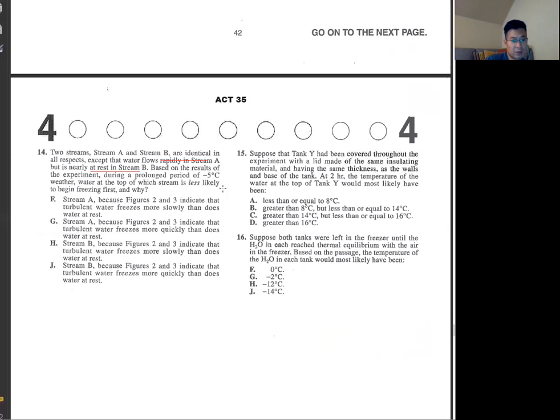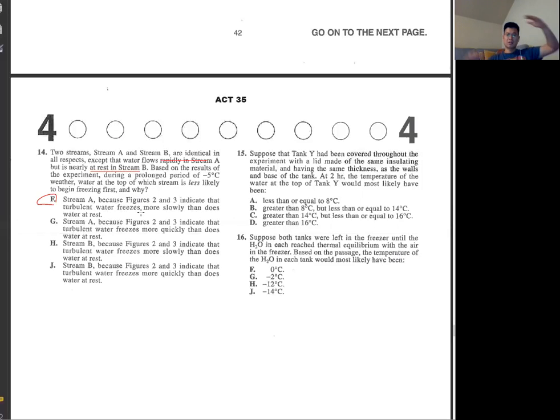Stream A is the one having rapid flow, goes faster, and stream B is slow. So it moves faster and has less chance to freeze because the bottom one is warmer, so it's coming up, heating it up. So because of that, it has to be F, because stream A freezes slowly because it moves more.